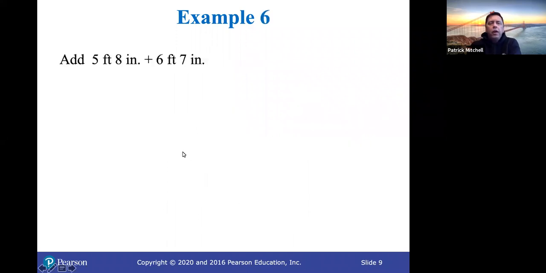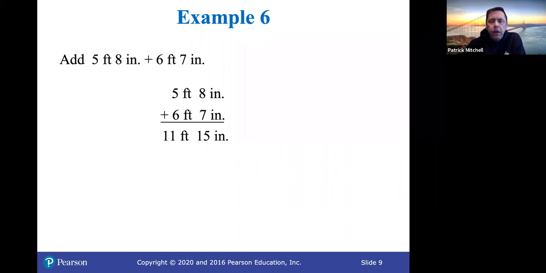Now we get into our arithmetic operations. They're asking us what is 5 feet 8 inches plus 6 feet 7 inches. So what we're going to do is start by just adding the feet to the feet and the inches to the inches. 8 plus 7 is 15, and 5 plus 6 is 11. Now we would not write the answer as 11 feet 15 inches because there is a whole number of feet in 15 inches.